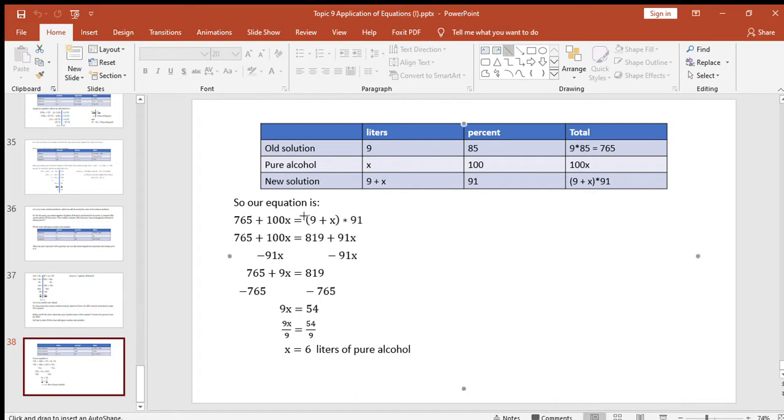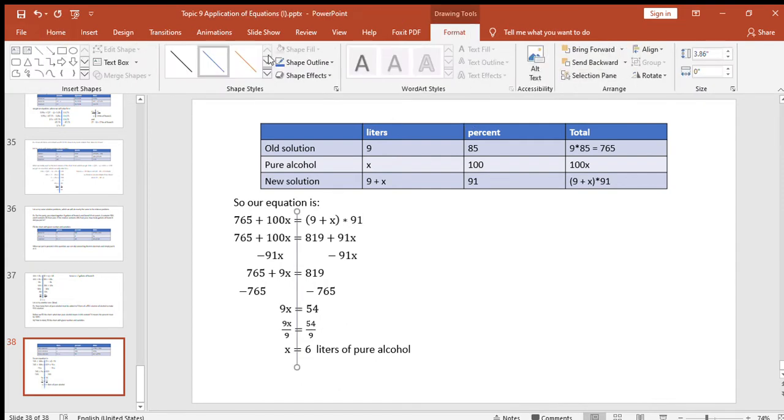Don't forget to draw the line if you guys want. And then you're going to get 9x is equal to 54. Divide both sides by 9, and you're going to get x is equal to 6 liters of pure alcohol.